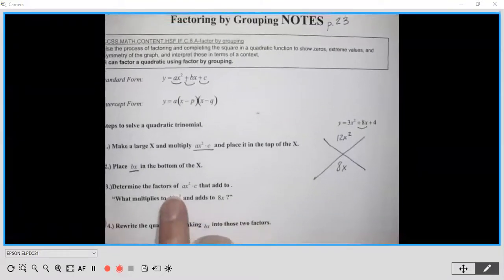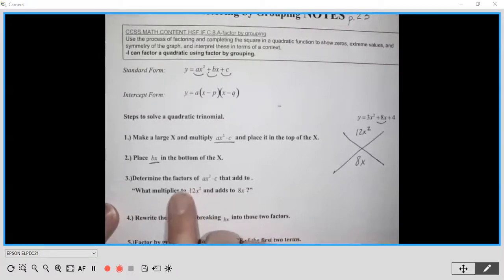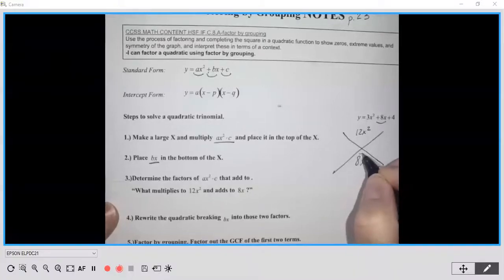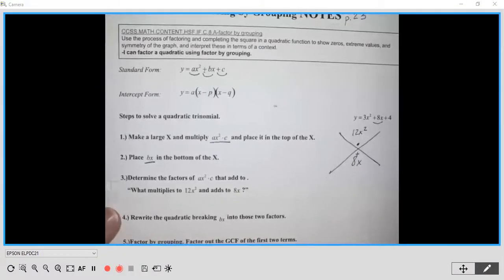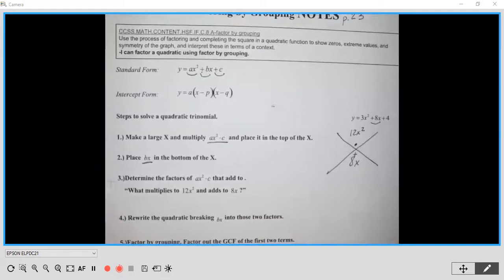Okay, so now step 3, we need to determine the factors of ax squared times c that add up to 8x and multiply to 12x squared. Well, if you're really strong with your math facts and you're great at this, these are both positives, but some of the problems that we'll do will have negatives.